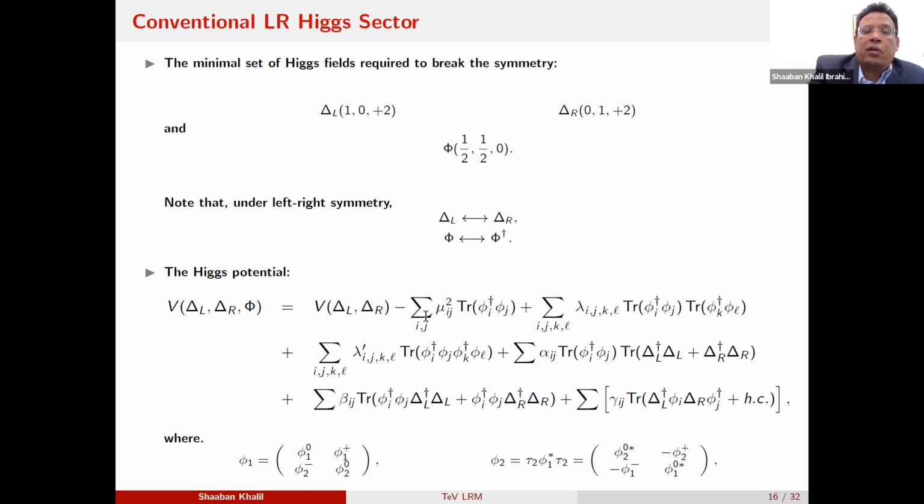Here 1 is a doublet under SU2 left, so there is no charge for SU3 included. 0 means singlet under SU2 right, and the +2 is a charge under B minus L. So delta right will be the opposite: 0 under SU2 left, 1 under SU2 right, and the same B minus L +2.